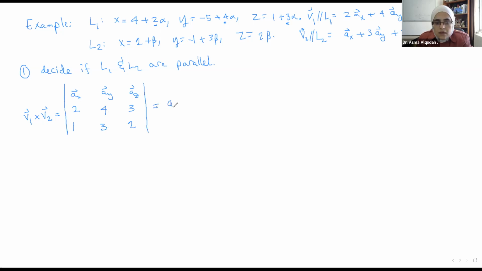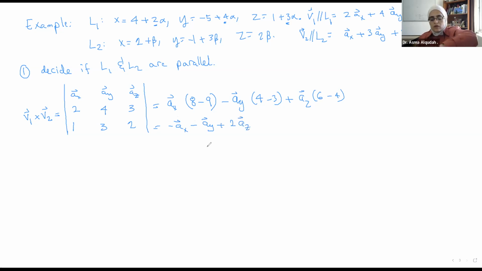This is equal to a sub x (8 minus 9), minus a sub y (4 minus 3), plus a sub z (6 minus 4). Okay, this is equal to minus a sub x minus a sub y plus 2a sub z.